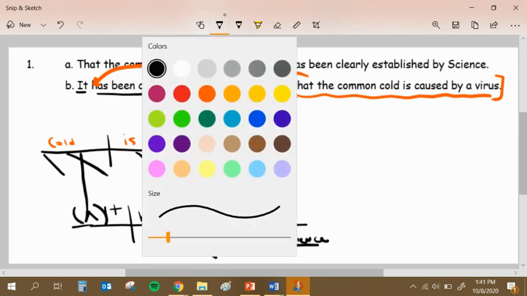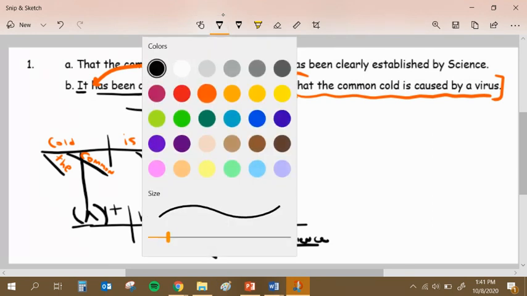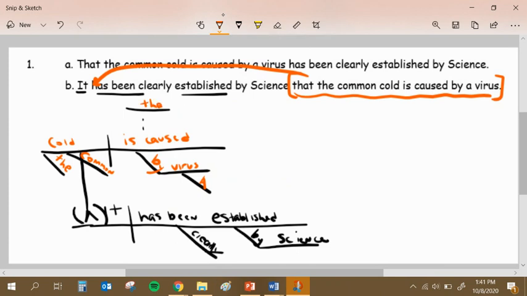Let me go back and add these words for everybody. So I'd say it's the cold, it's a common cold, it's caused by virus, and then a virus. And we also know if a noun clause starts off with the word that, we get to float that word that up here, and we put the word that.